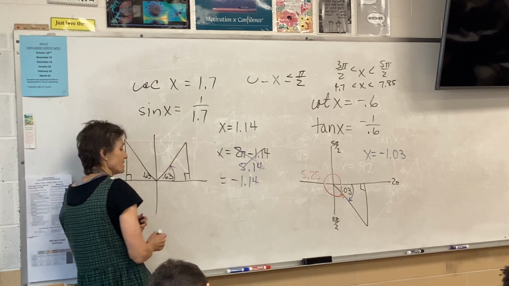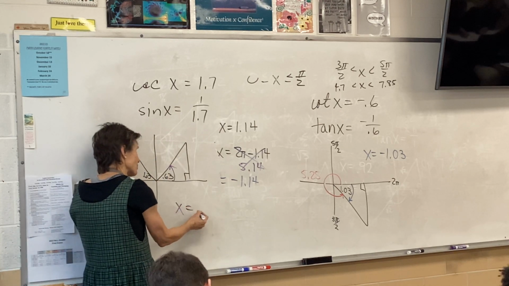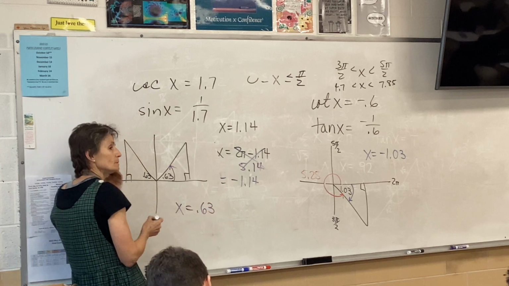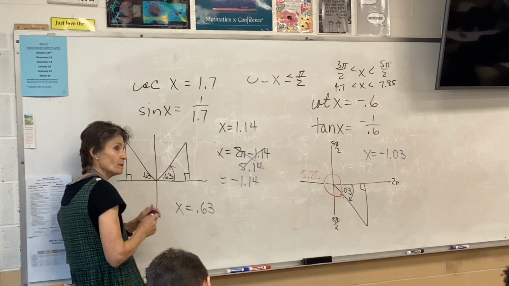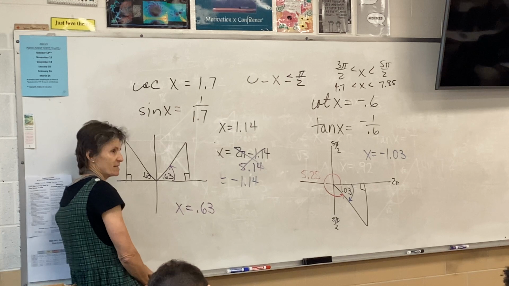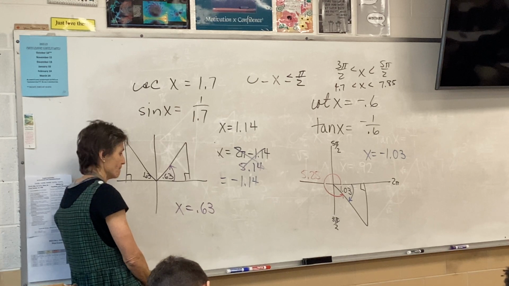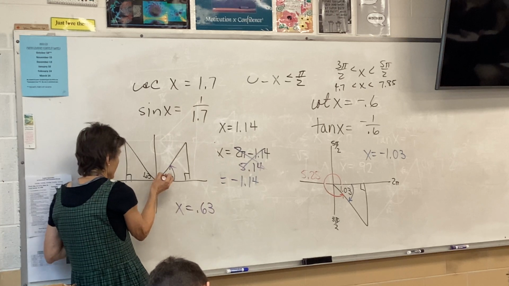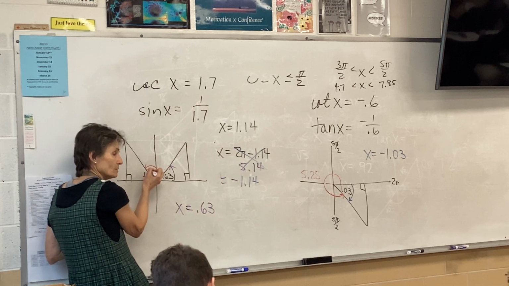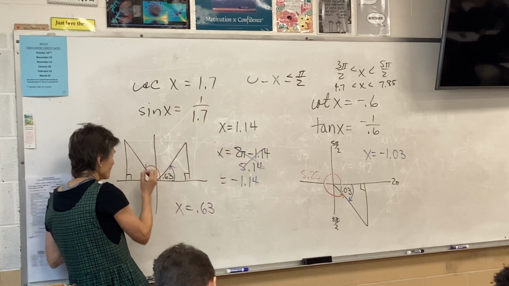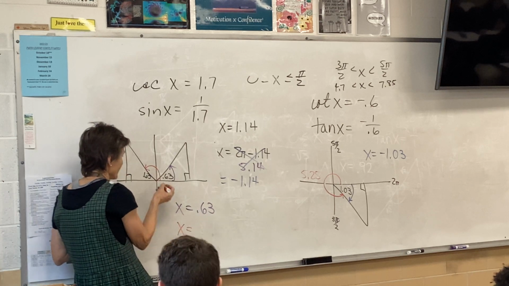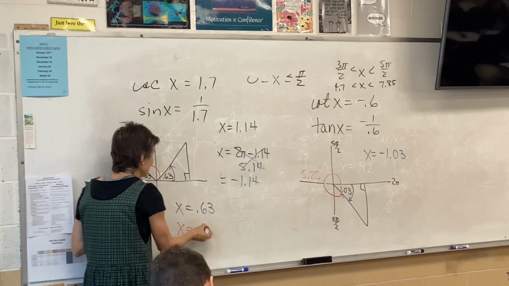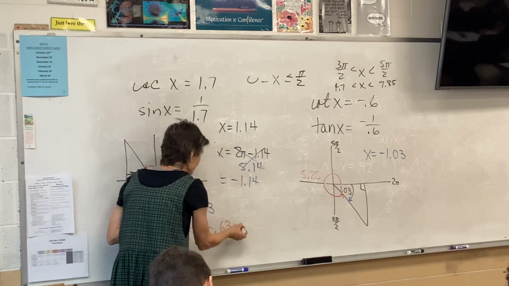Can 0.63 be an answer to the question? Yeah. Is it between 0 and 2 pi? 0 and 6, basically. Yeah. Here's another angle. How would I find the measure of that red one there? You guys are awesome.